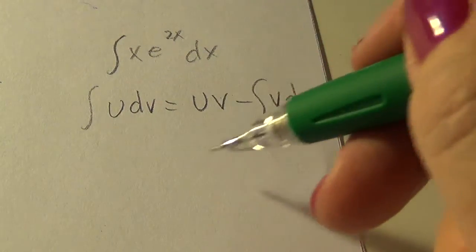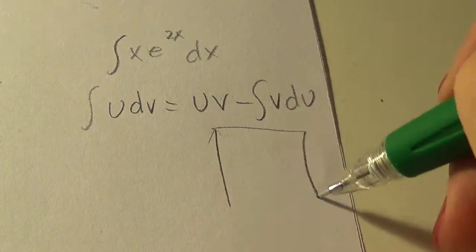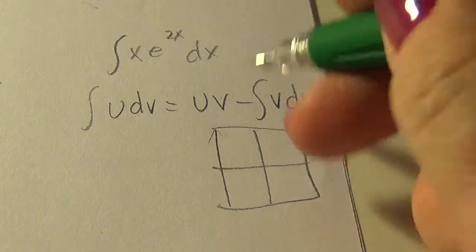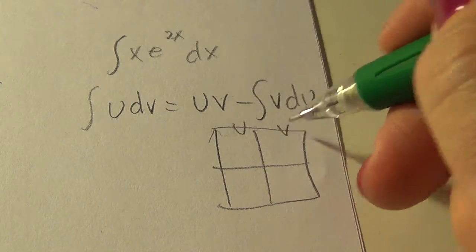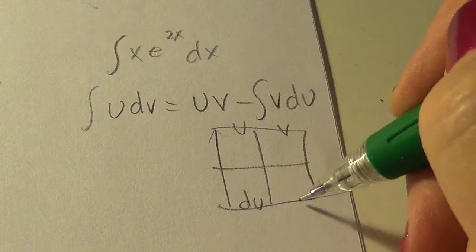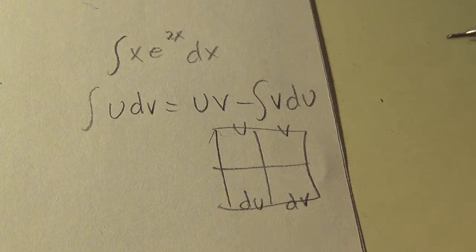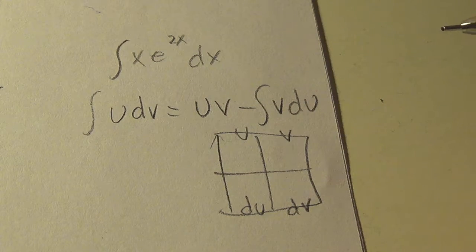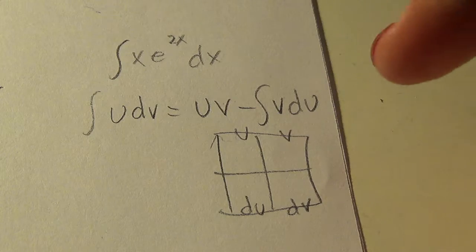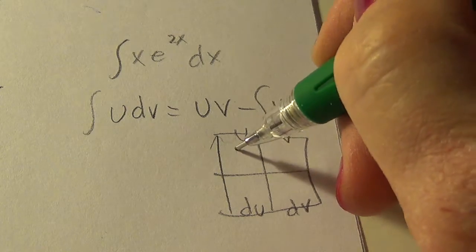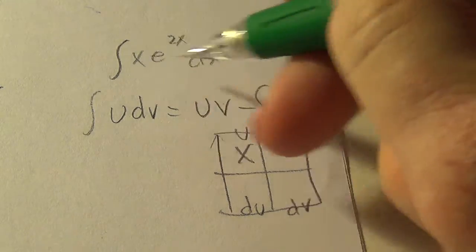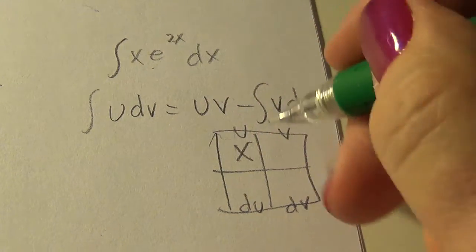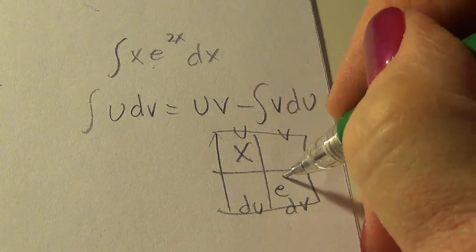Alright, so I have to choose. And again, this is u, this is v, this is du, and this is dv. So I'm going to choose x for u and my e to the 2x dx for dv.